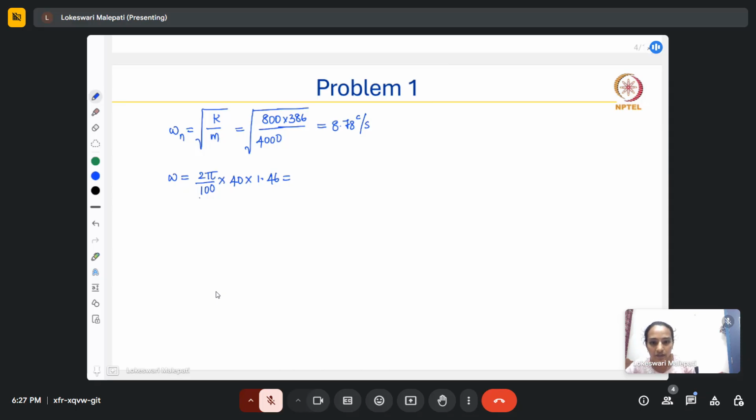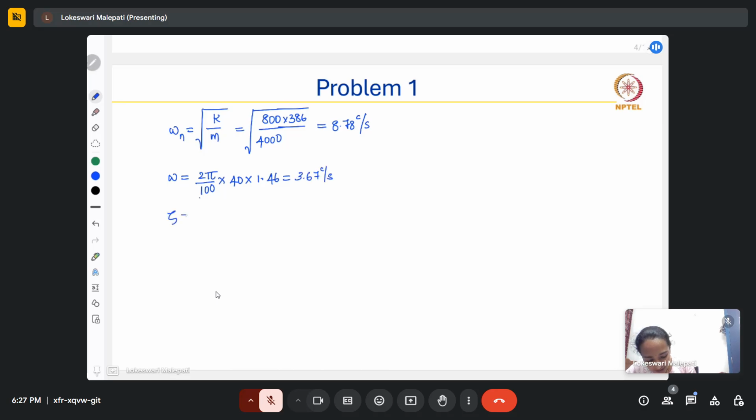So what is omega? So I'm getting a value of 3.67 radians per second.